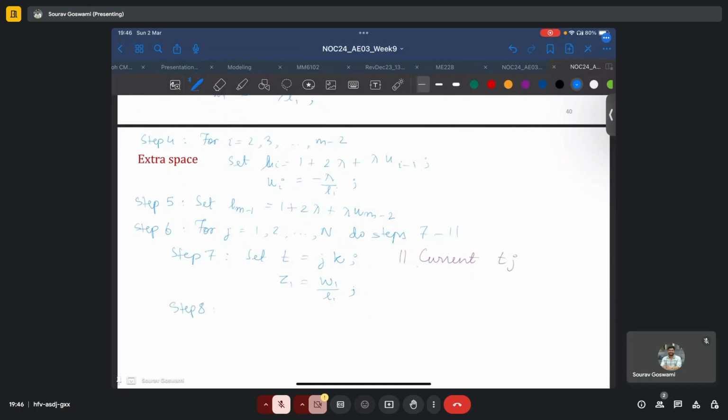Step 8, for i equals 2 till m − 1, we set z_i equals w_i plus lambda z_(i−1) by L_i. Step 9, set w_(m−1) equals z_(m−1).